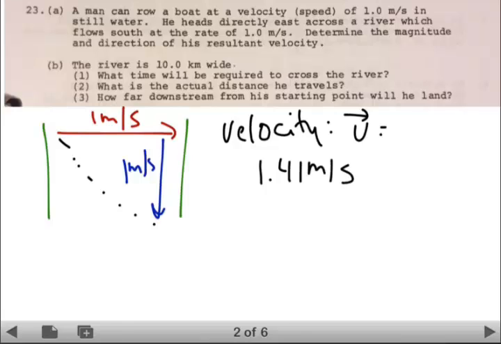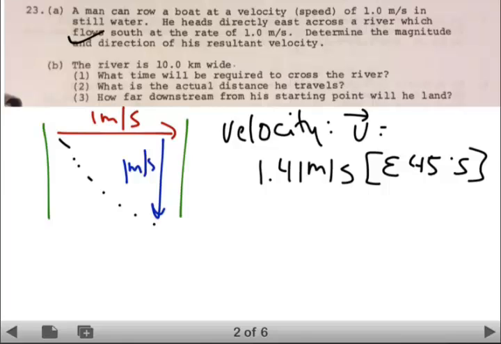That's the magnitude. He started off east, so east, 45 degrees south. So that would be the answer to A, magnitude and direction of his resultant velocity.